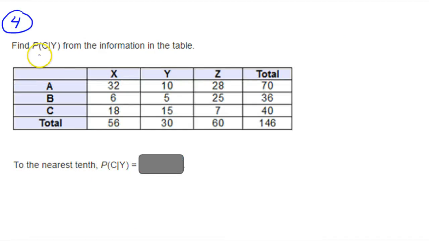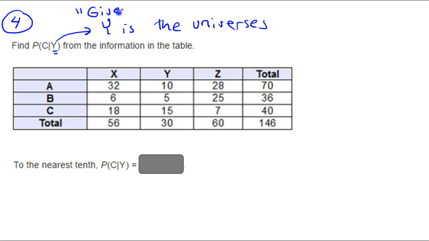All right, for this problem we are to find the probability of C given Y. When they give us something like this, given Y, that means Y is the universe. That's what I think whenever I see that.